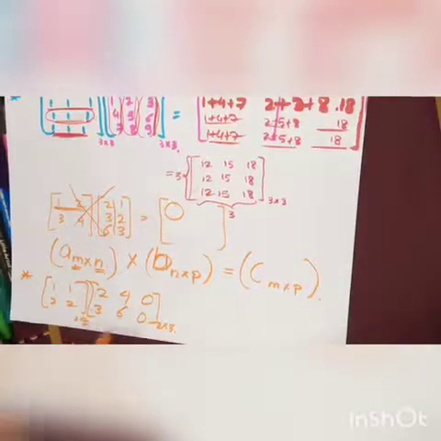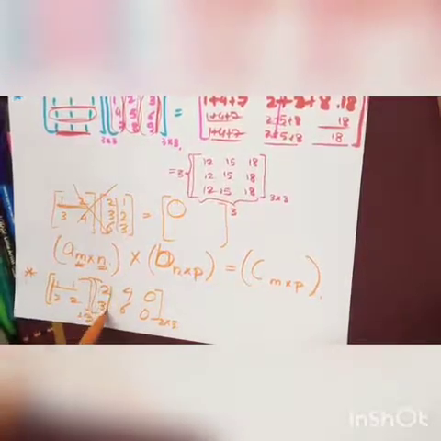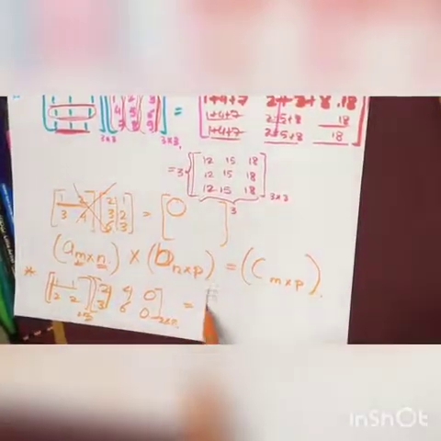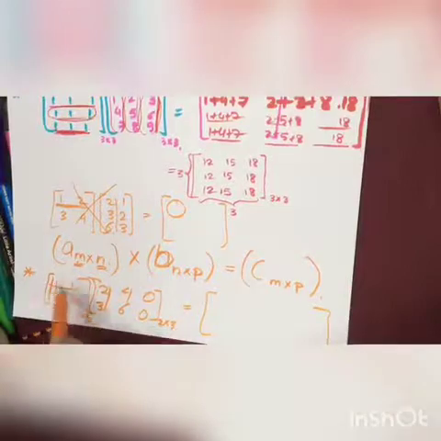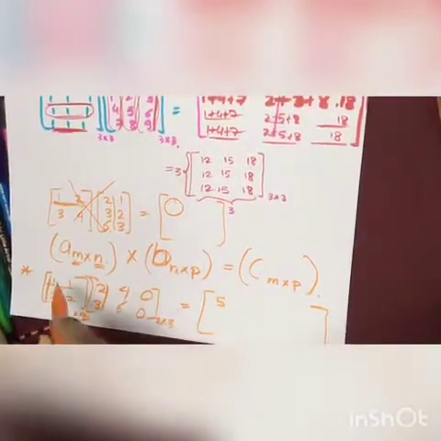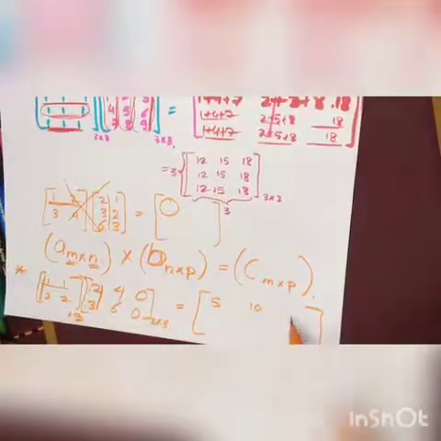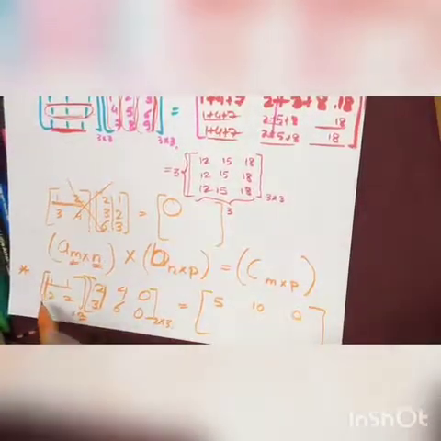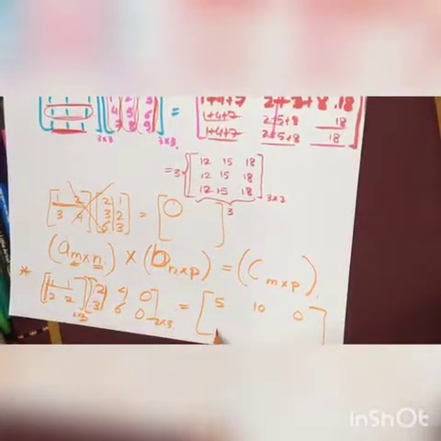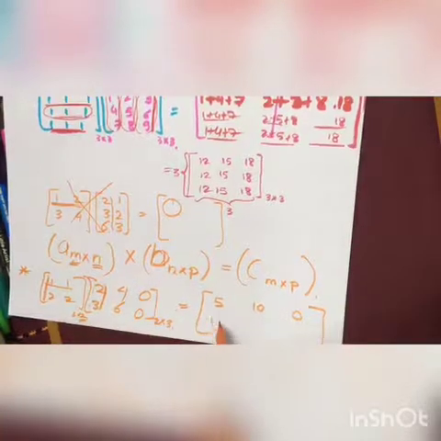Now we can multiply them both together because the number of rows here is equal to the number of columns. So the resultant will come out to be 1 into 2 plus 1 into 3, which is 5. Then 1 into 4 plus 1 into 6, which is 10. Then 1 into 0 plus 1 into 0, which is 0. For this element, we're going to have 2 into 2 plus 2 into 3, which is 10.